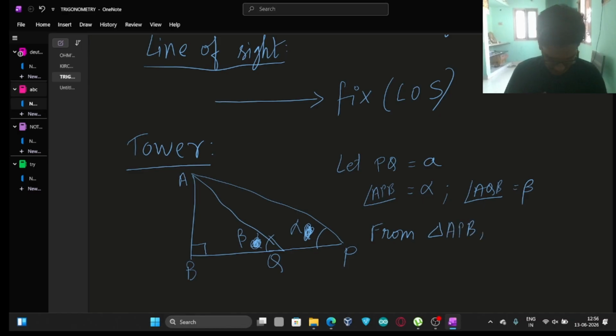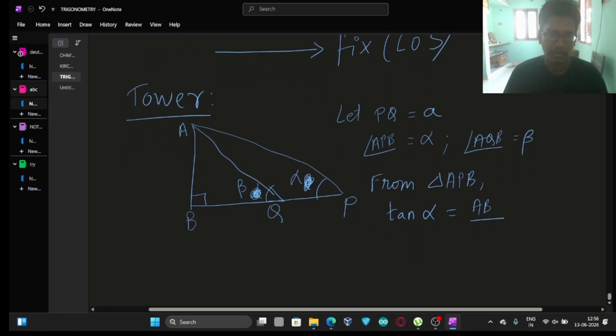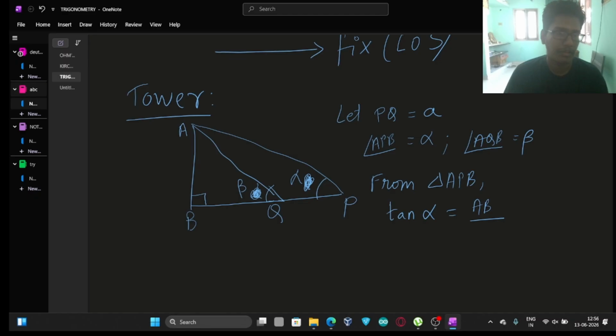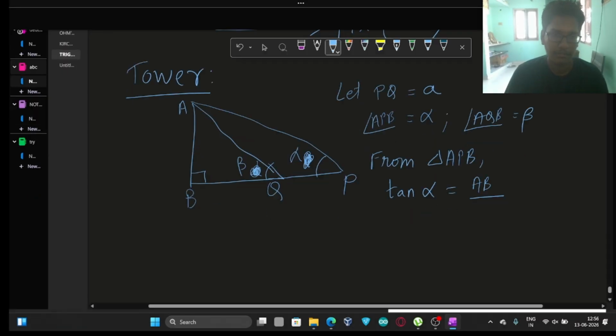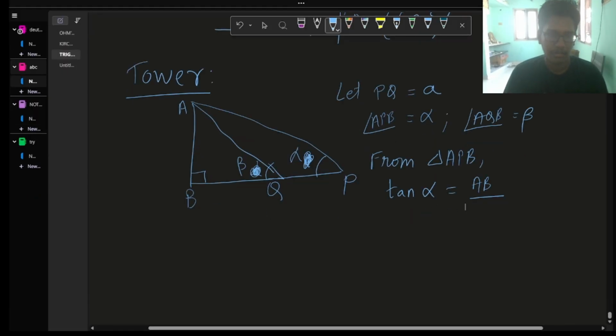we can deduce tan alpha as opposite divided by adjacent. Opposite is AB and adjacent is BP, right? I would just take that. AB by BP.